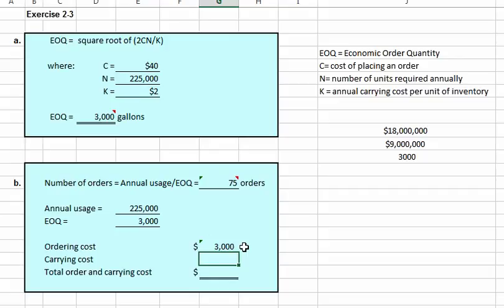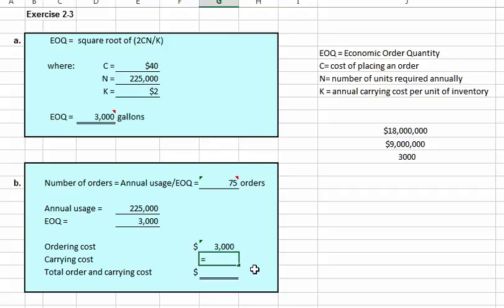To determine carrying cost, we want the average number of gallons we would be holding on a given day. On the day the order comes in, that would be 3,000. On the day we run out of that order, it would be 0. So the average number of gallons would be 1,500.